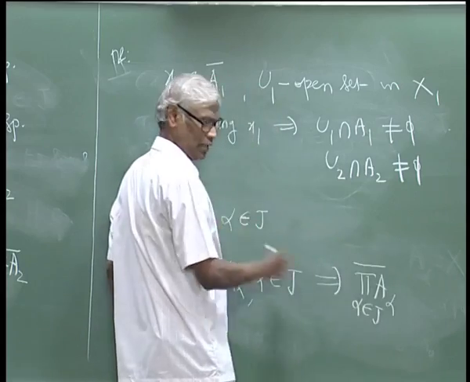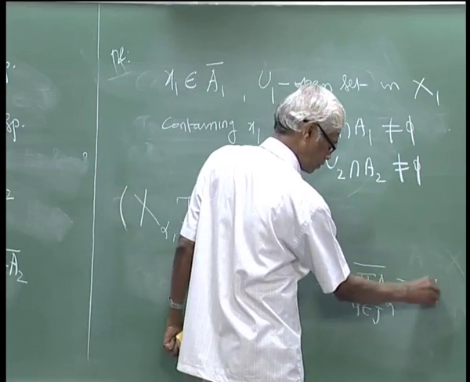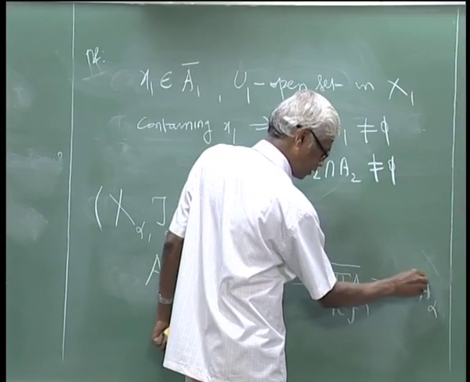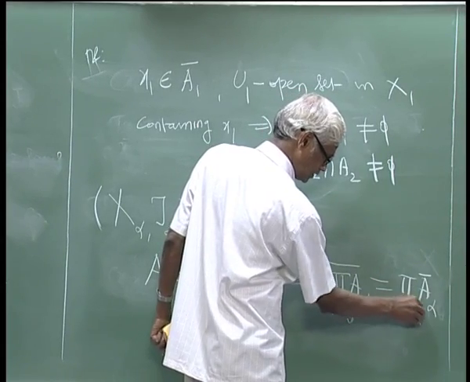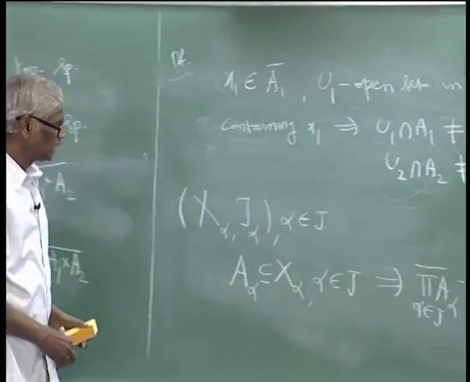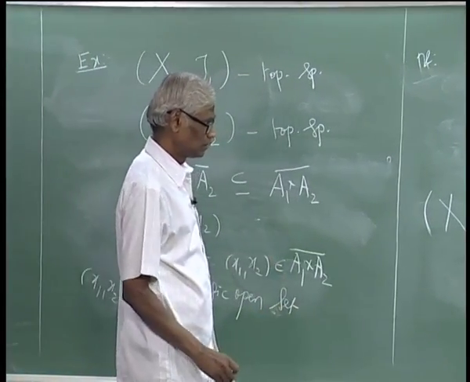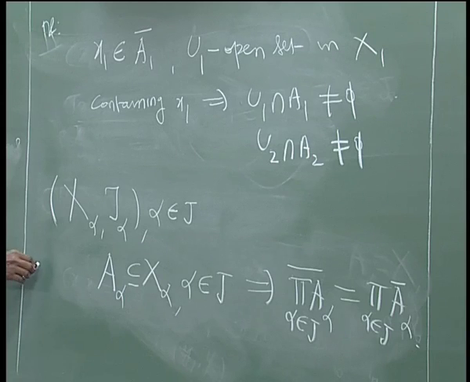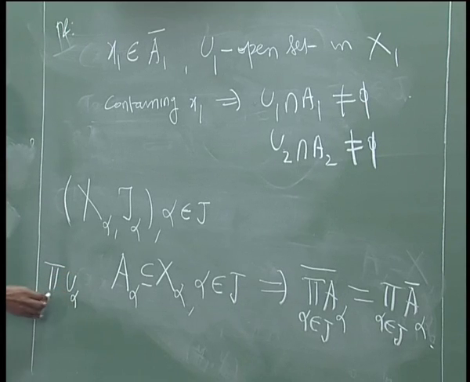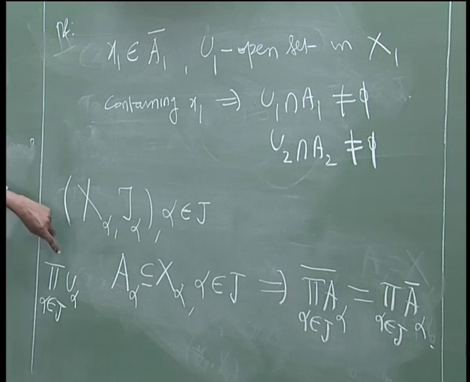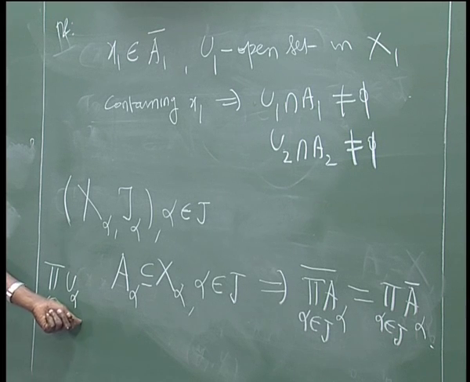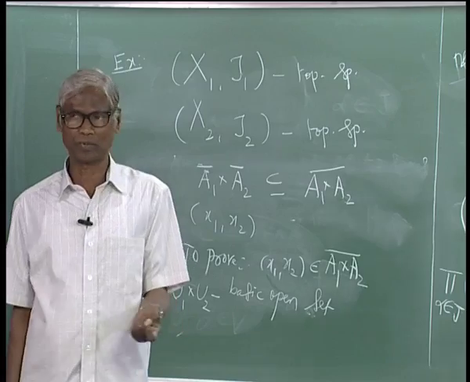So, using the same idea we can prove that this is also equal to the product of closures of A alpha, alpha belongs to J. See, the main thing we should note here is what a basic open set in the product space means: the product of U alpha, alpha belongs to J, where each U alpha equals the whole space X alpha except for finitely many alpha 1, alpha 2, ..., alpha n.